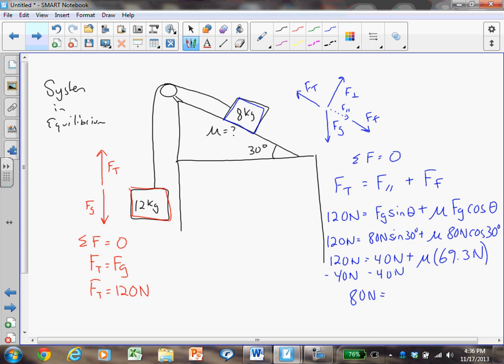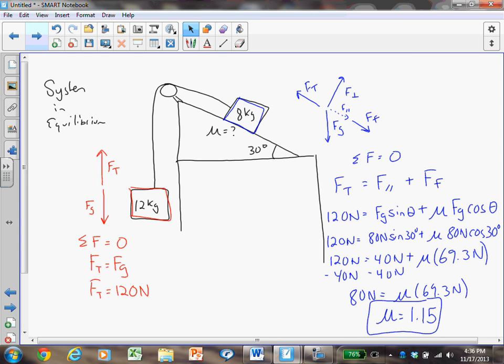Yes. Equals mu times 69.3 newtons. Divide by 69.3, 80 by 69.3, we get 1.15 for our mu. And that solves the problem.